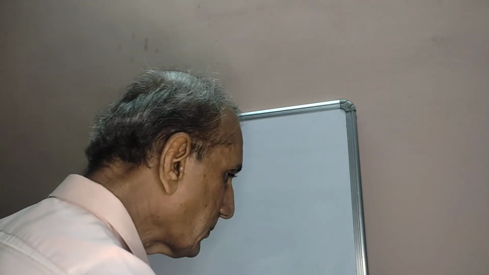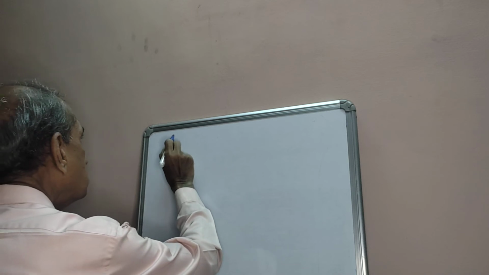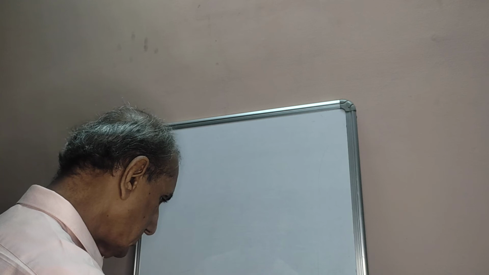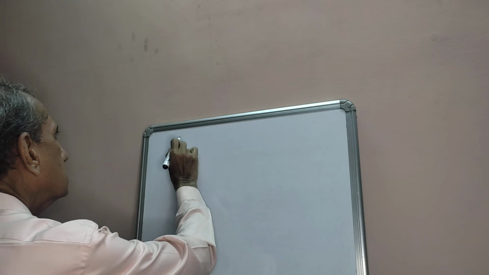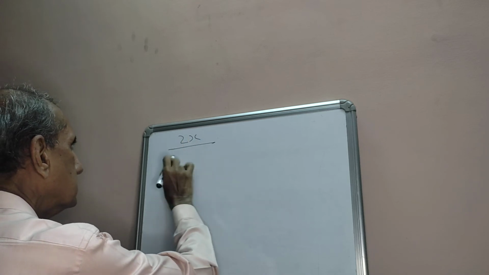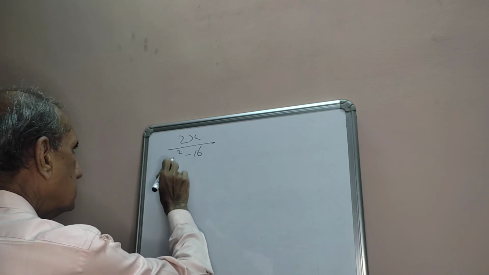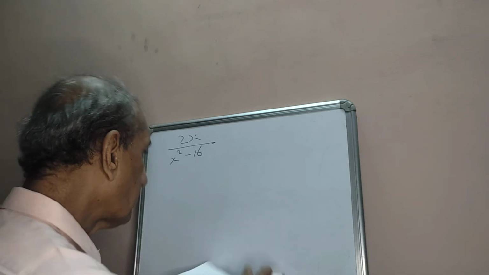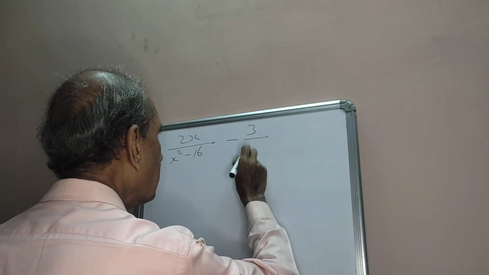Now I'll take up the last problem for the day. 2x by x squared minus 16 minus 3 by x minus 4.